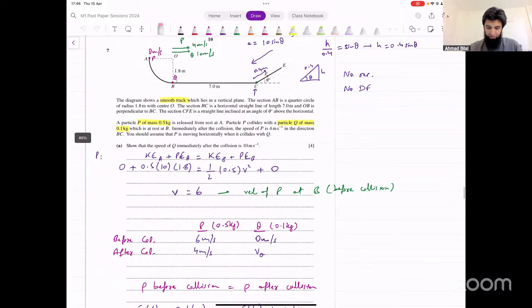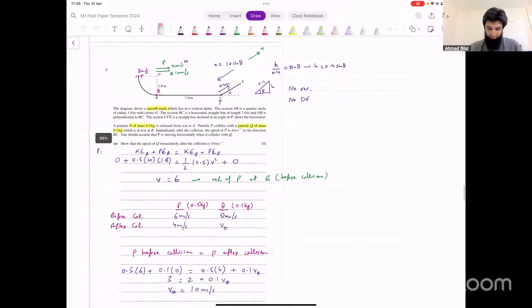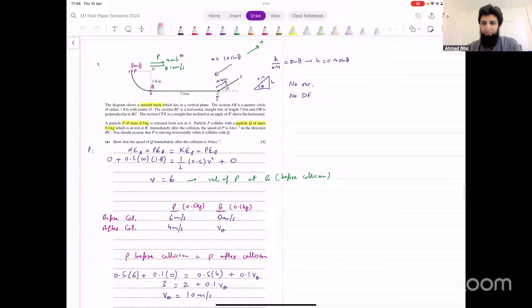Is it this one? Okay, maybe you can take a snapshot of this, and then if you don't understand something, we could discuss it then.